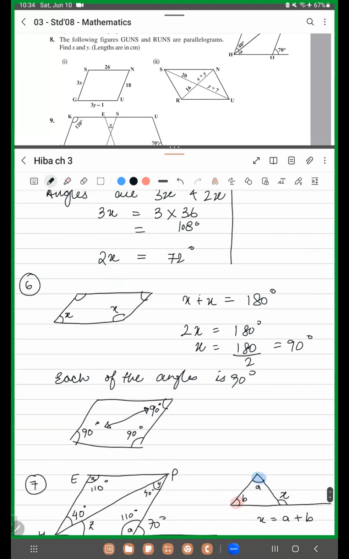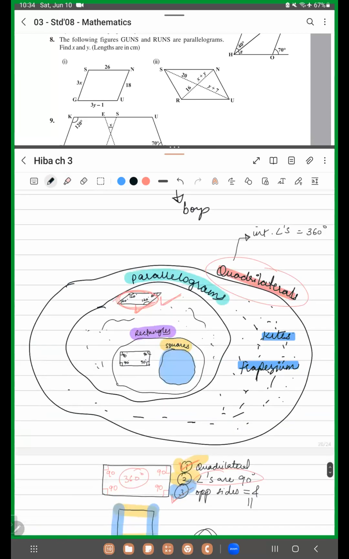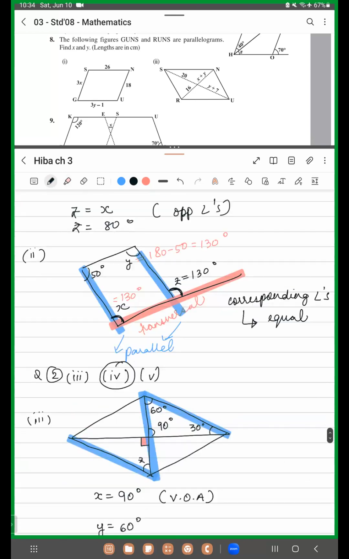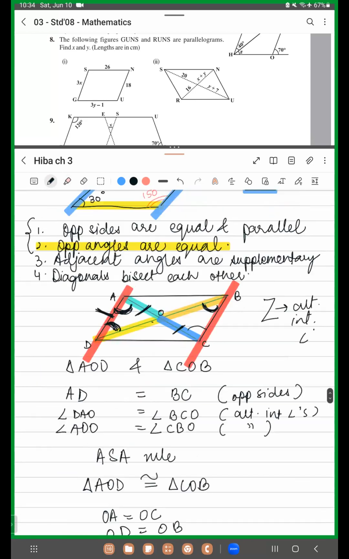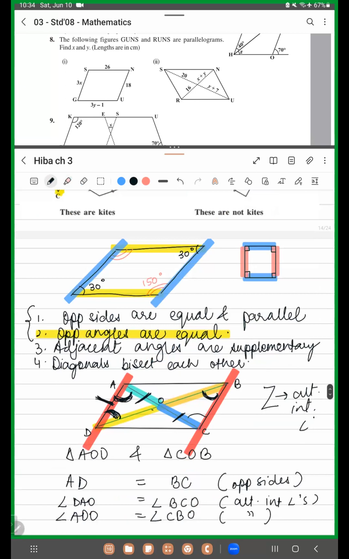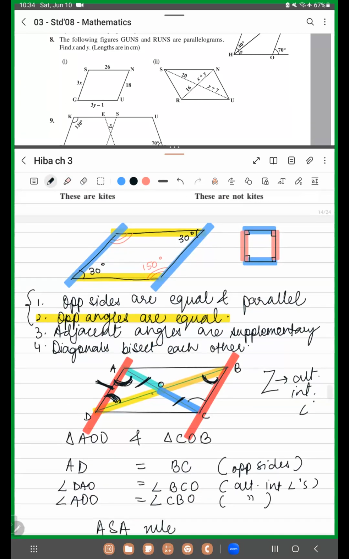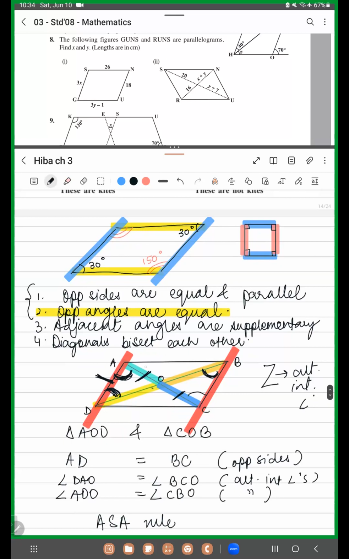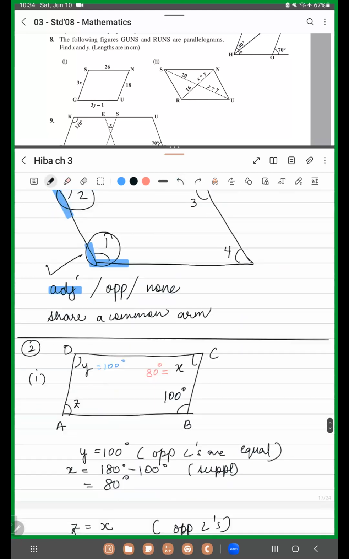Remember this property of parallelogram: diagonals bisect each other. Bisect each other means what? See in this image, AO is equal to CO. That's the meaning of bisecting.